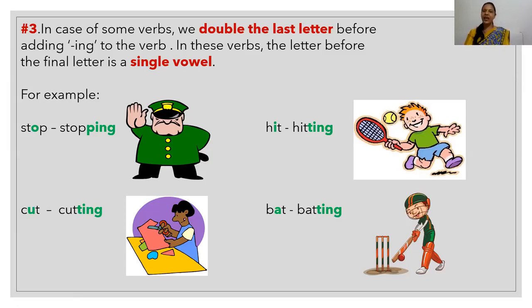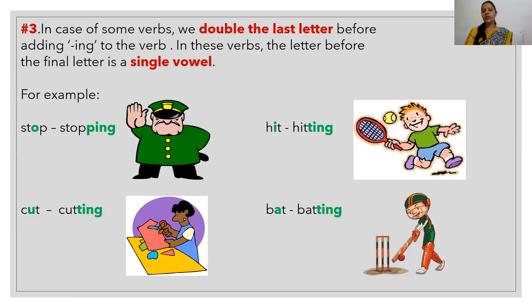Batting is the ing form of verb bat. Now, as we have learned, we have to take care that the vowel before the final letter should be single. Only then the final letter has to be doubled. This has to be kept in mind.